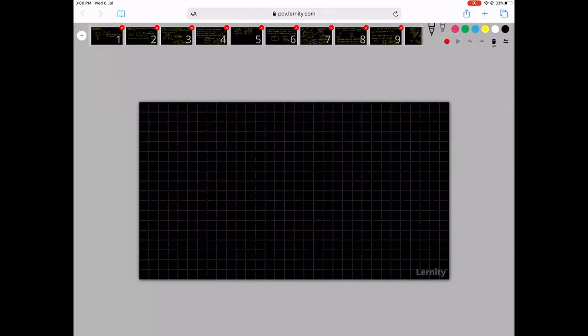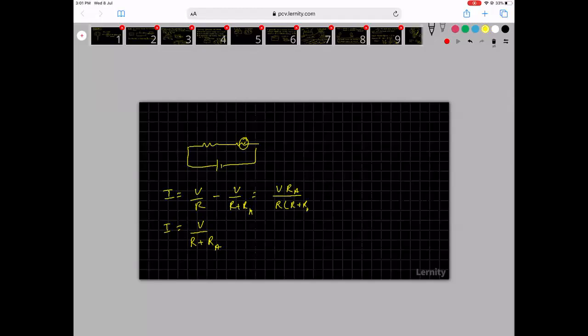Same way, if there is a circuit here, I is equal to V by R, whatever it is. Now suppose this is an ammeter. An ammeter has some resistance. So the new current I is equal to V by (R plus R ammeter). Now you see there is a difference in current, V by R minus V by (R plus R ammeter). If you take LCM, it will become V into R ammeter by R into (R plus R ammeter).